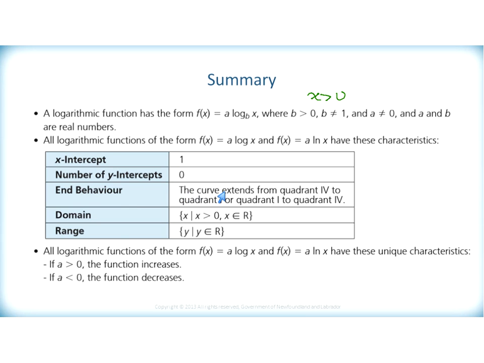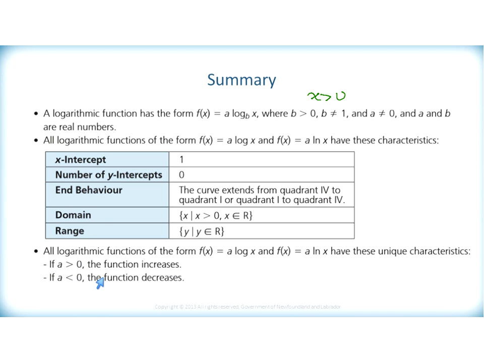The end behavior will be from quadrant 4 to quadrant 1 for an increasing function, quadrant 1 to quadrant 4 for a decreasing function. The domain is x such that x is greater than 0, and x belongs to a set of real numbers. And the range will be y such that y belongs to a set of real numbers. Of course, if a is greater than 0, the function increases. That is, it goes from quadrant 4 to quadrant 1.